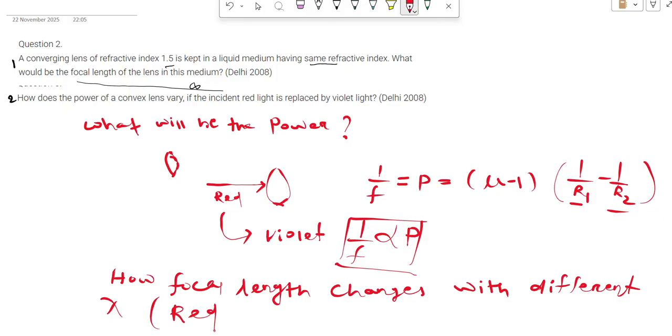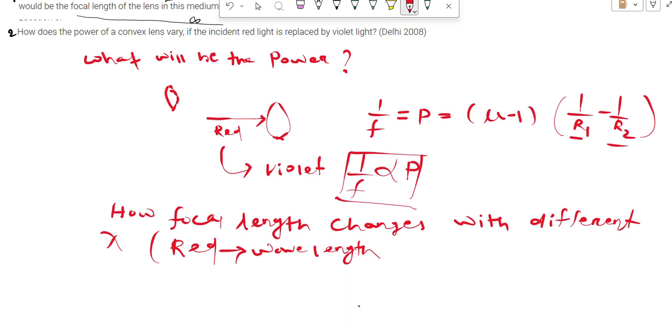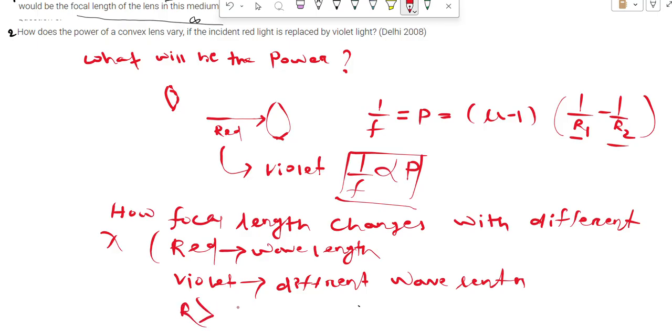Because red light and violet light have different wavelengths. From VIBGYOR, you know that red has a larger wavelength than violet.